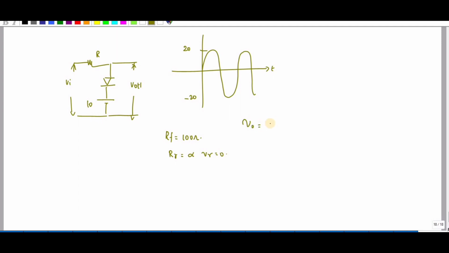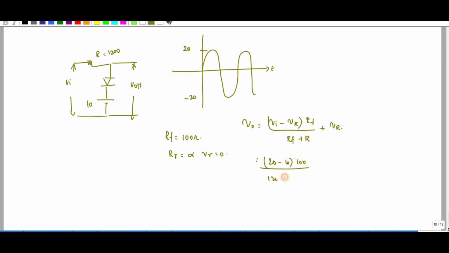So how to determine the value? V0 is equal to (Vi minus VR), that is 10 volt, into RF divided by RF plus R. So what is the value of R? R is given as 1200, right? Plus VR. So what is VI? VI is nothing but 20 minus VR is 10.